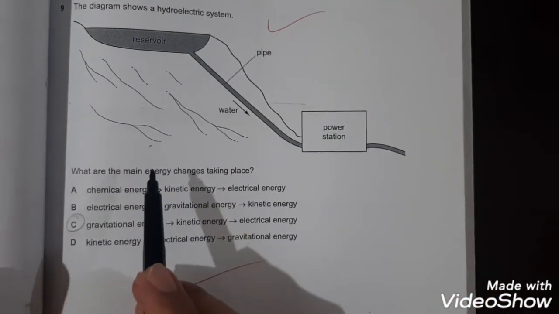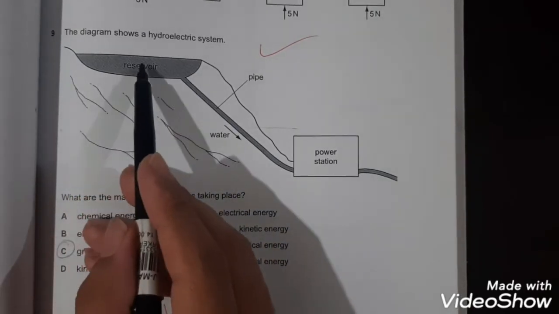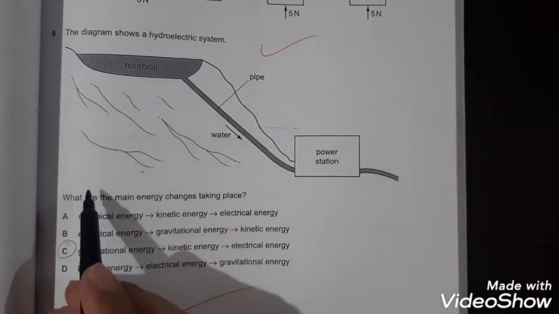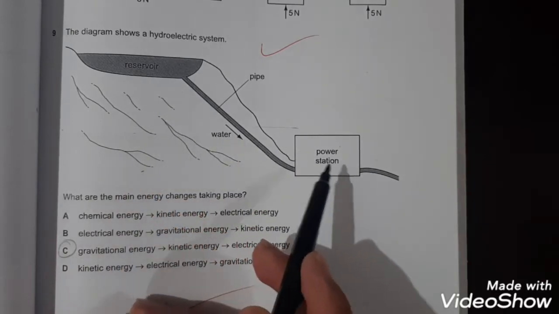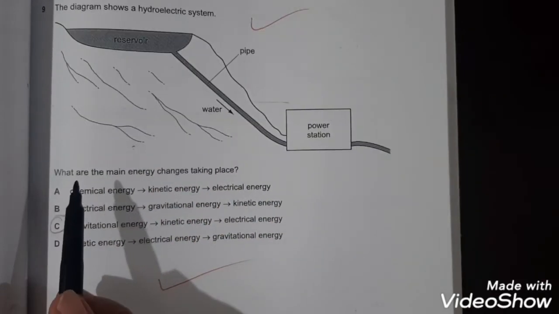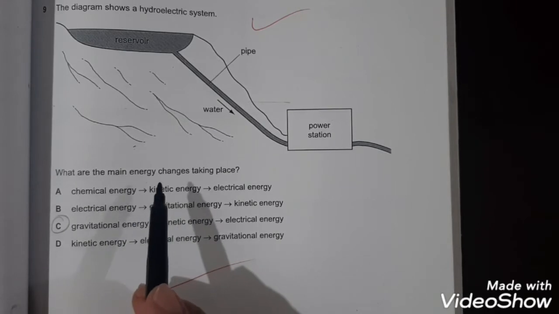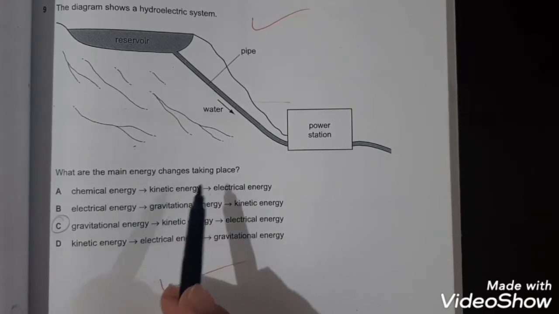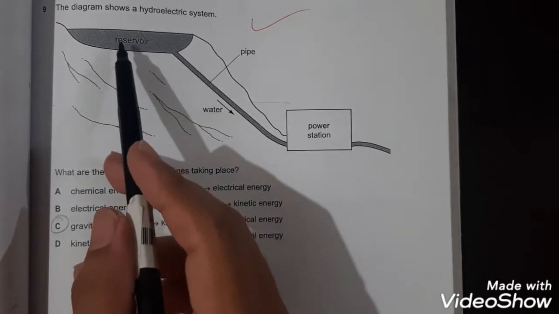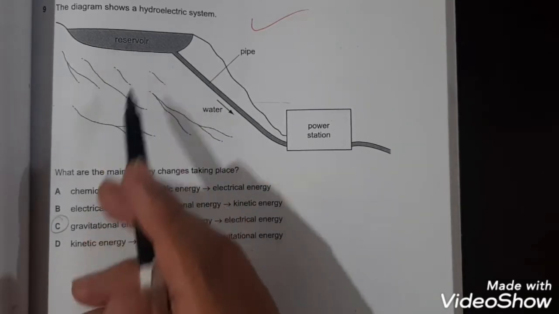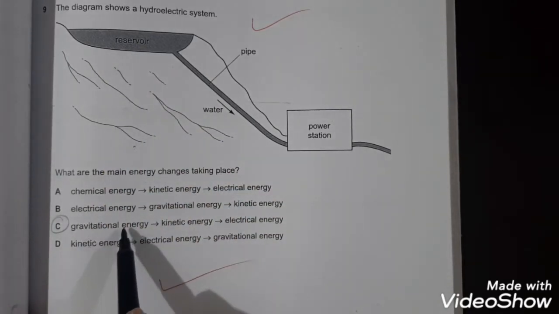Then question 9 states the diagram shows a hydroelectric system. So over here we have the reservoir, then water moves downwards towards the power station. So the question states what are the main energy changes taking place. So first, from the reservoir, the energy stored in the water in the reservoir is gravitational potential energy.